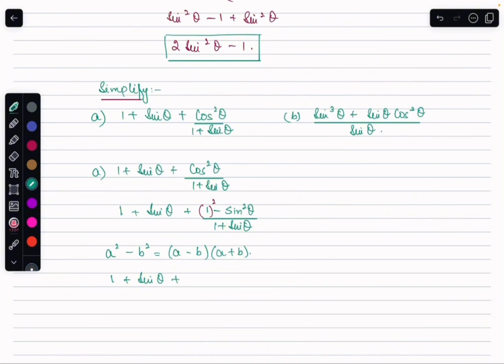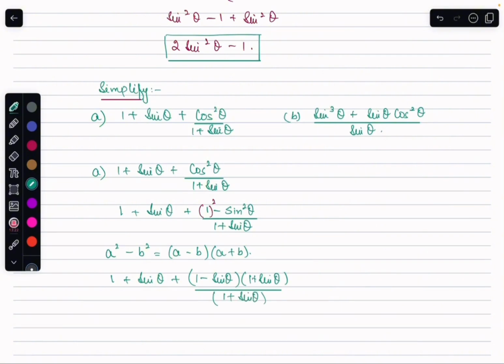Substituting the values, it's 1 minus sine theta and 1 plus sine theta, all divided by 1 plus sine theta.